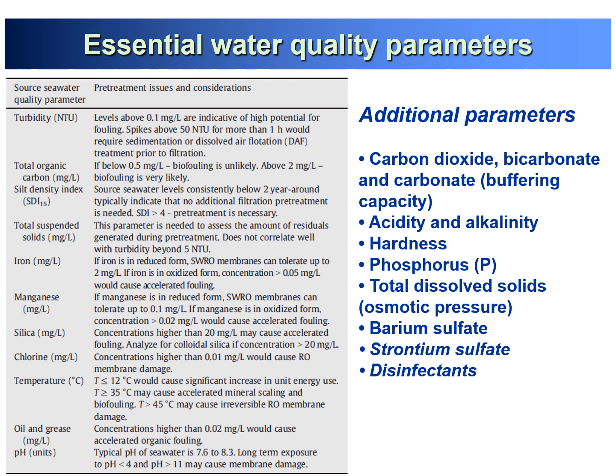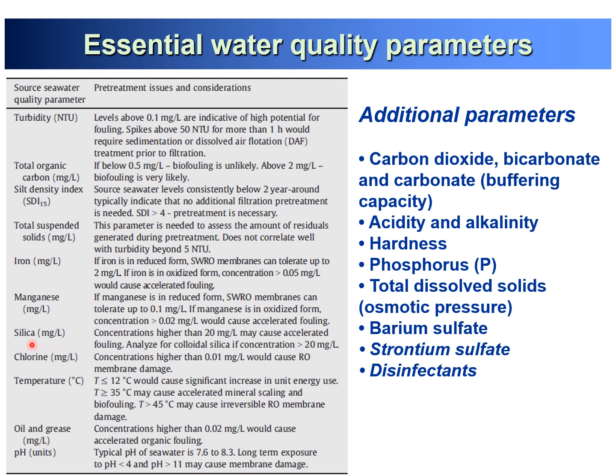So oxidized iron oxide can easily combine with other compounds, and this will create membrane fouling. Manganese is very similar. If manganese is in reduced form, the SWRO membrane can tolerate up to 0.1 mg per liter. If manganese is in oxidized form, a concentration more than 0.02 mg per liter would cause accelerated fouling. So when you remove this kind of manganese and iron, we need extra treatment such as a flocculation process.